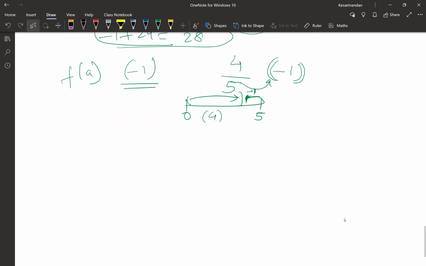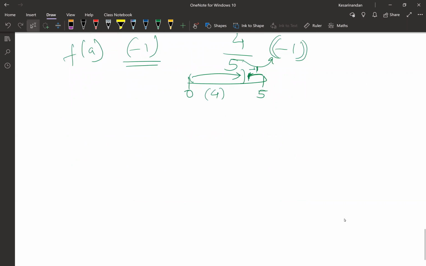What we saw was 28 factorial. This will give me a remainder of 0, right? Now if it gives me a remainder of 0, that means it will give me a complete quotient. Let's assume it is k.